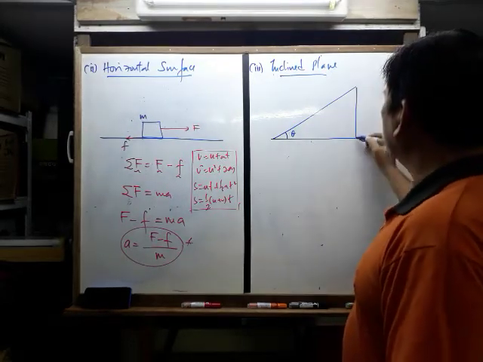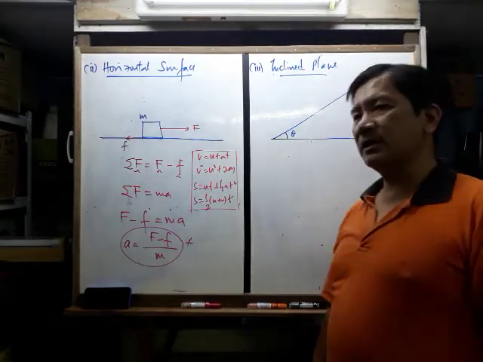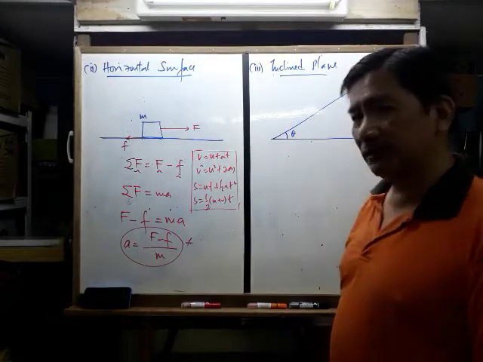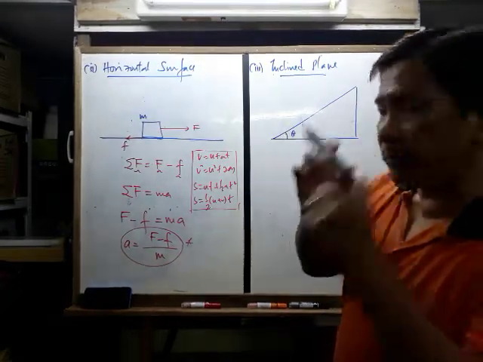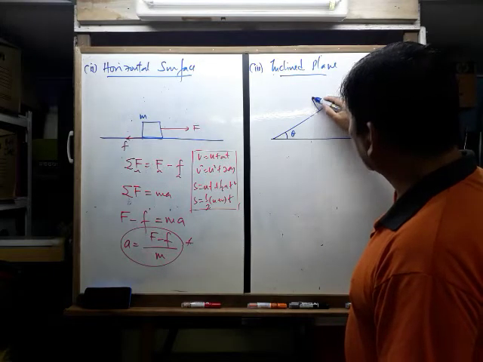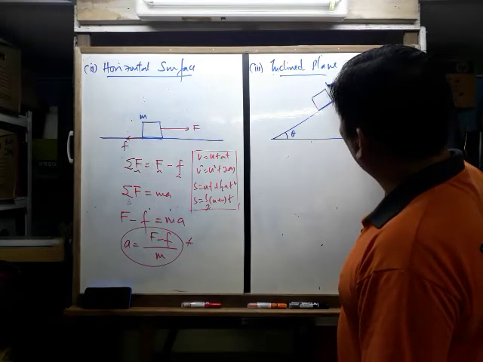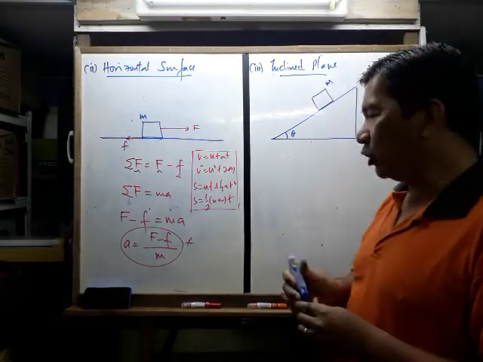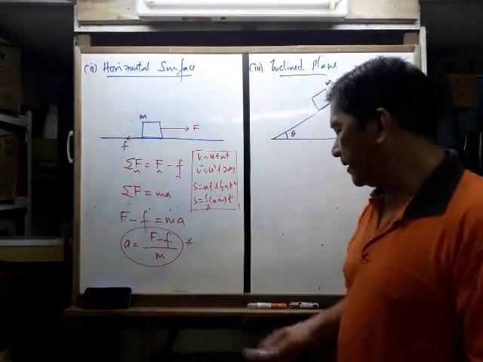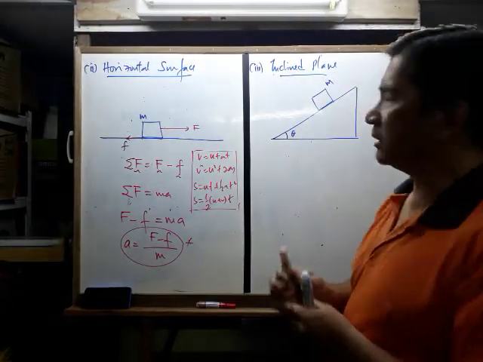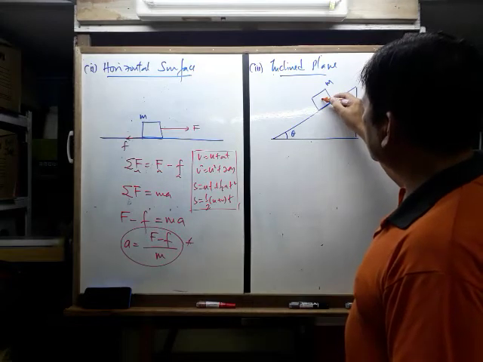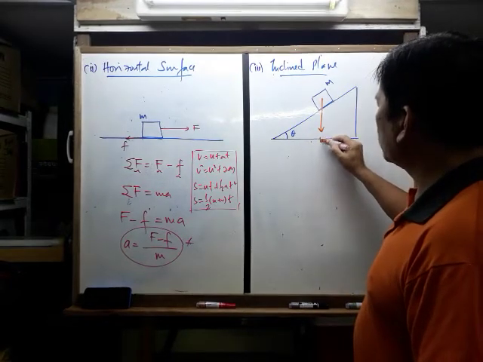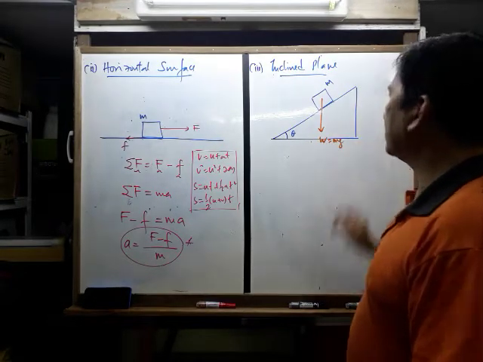If the surface is smooth, then we don't have any friction. Now when you put an object with a mass m on a smooth surface, this object experiences a gravitational force, and this is the weight, which is mg.